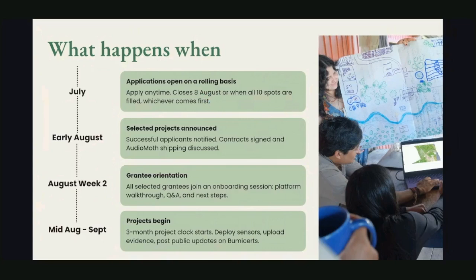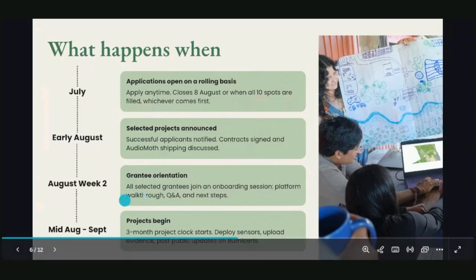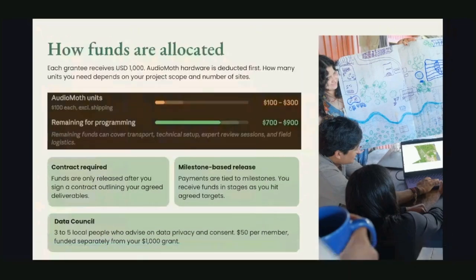But if we see that there are super projects and the spots have been filled, then we will see which comes first, either the deadline or the 10 spots being filled. Then early August, we will announce and do the contract signing and discuss how we're going to shape the AudioMoth. Then we will do another orientation on what to expect, hoping to get the project started by mid August or ideally September.